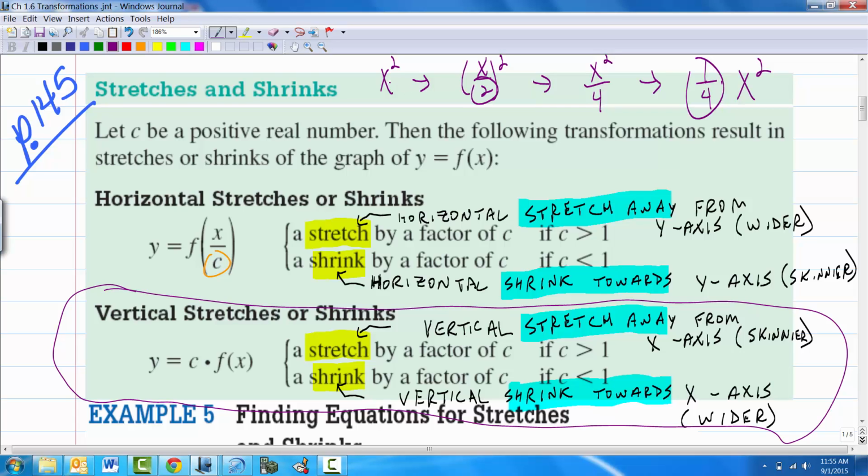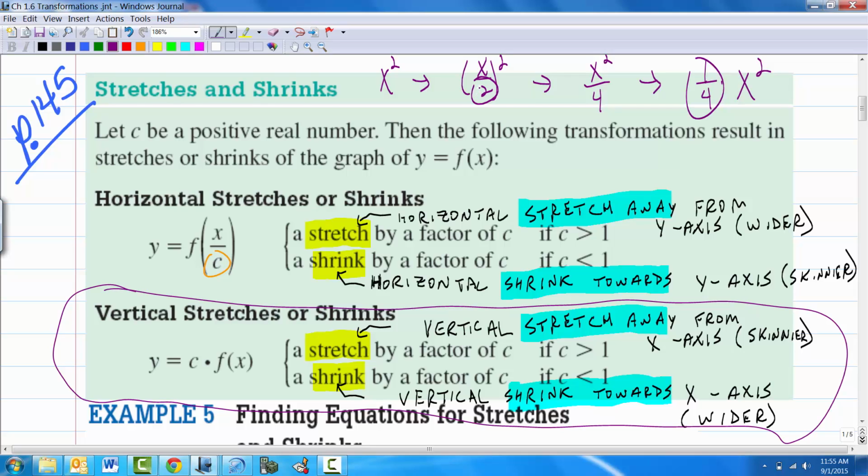Look what I put up here. X squared. So the way it's plugged in is x over 2 squared. This is what I want to get you to understand. That's supposed to be a horizontal stretch. Well, then it must be a vertical, say it, shrink.